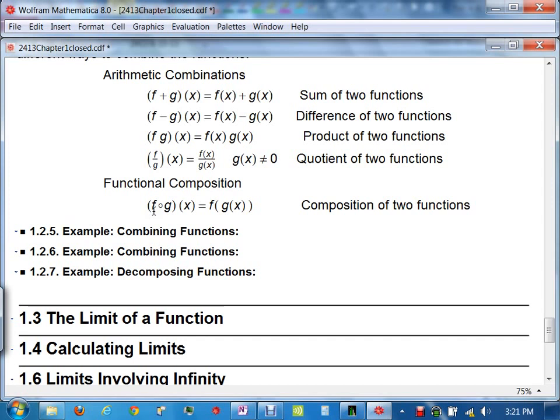So you can have f go into g or g go into f. Like in this one right here, which function is going into which function? G is going into f. What if I wanted it the other way around? It would be called g of f, g of f of x. Okay, so that's our operation.